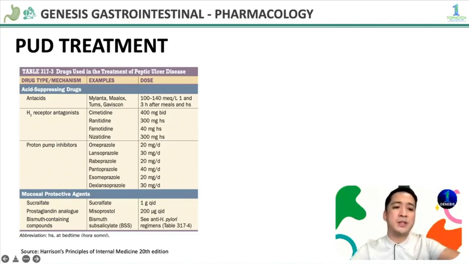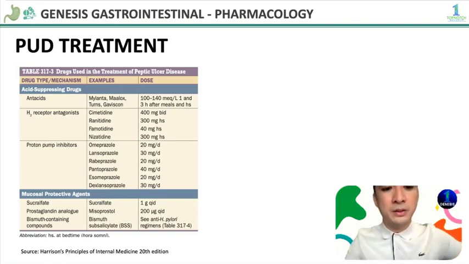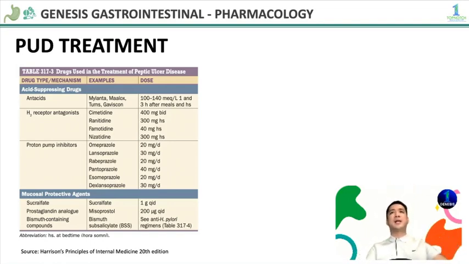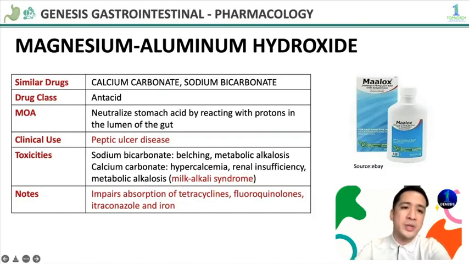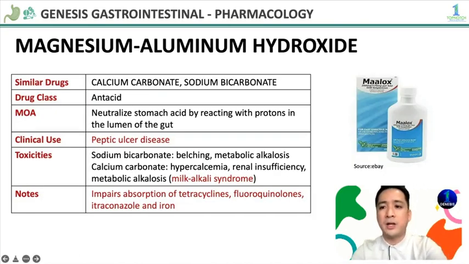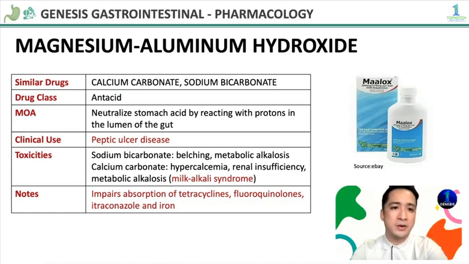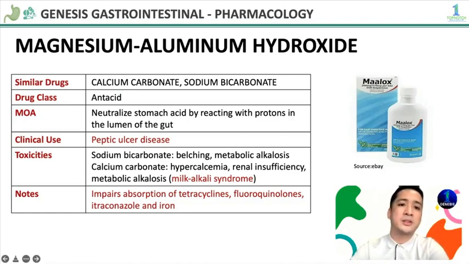Other agents that serve as mucosal protective agents are your sucralfate, the prostaglandin analog misoprostol, which is the drug of choice for NSAID-induced gastritis, and bismuth-containing compounds or bismuth subsalicylate in the management of H. pylori infection.